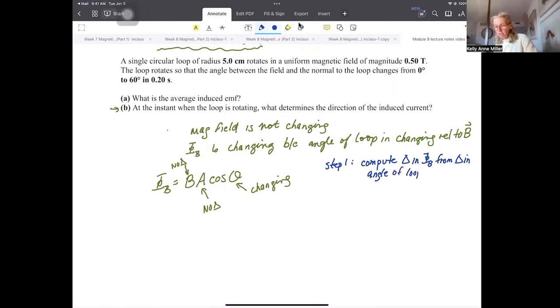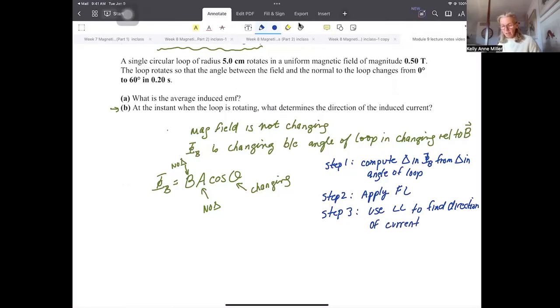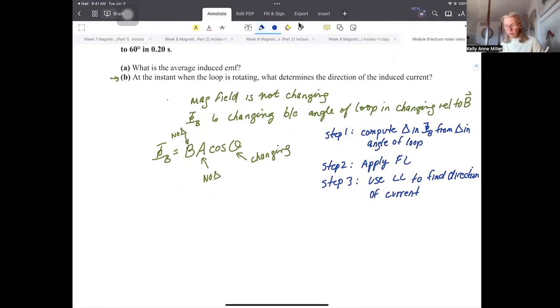Step two is going to be to apply Faraday's law. Step three is we're going to use Lenz's law to find the direction of the current. Okay, so that's pretty straightforward. Let's go ahead and do it.